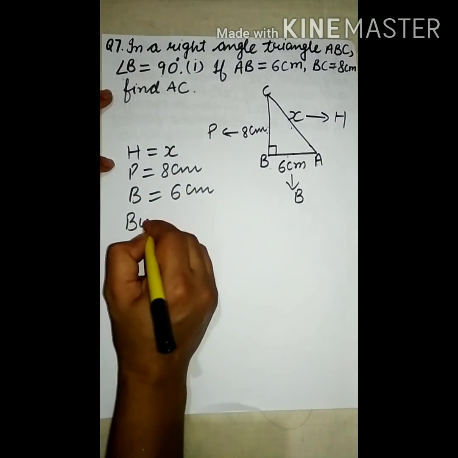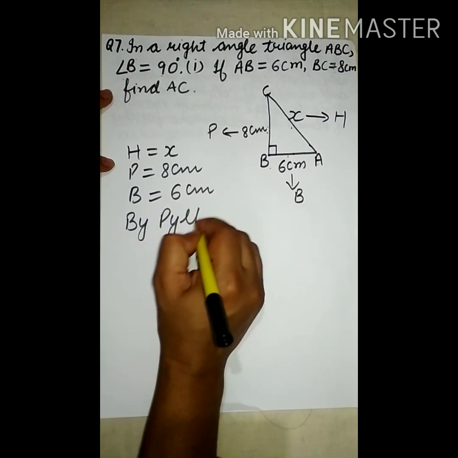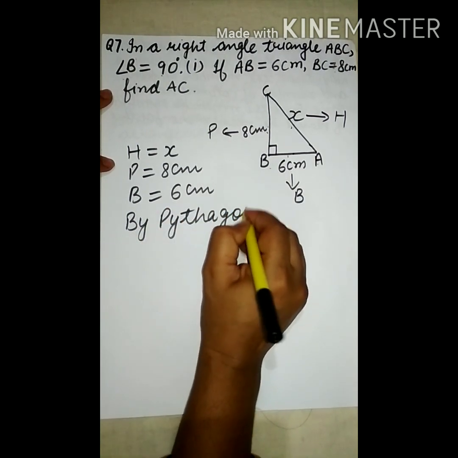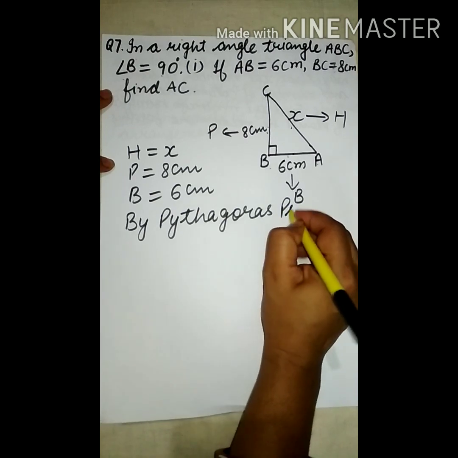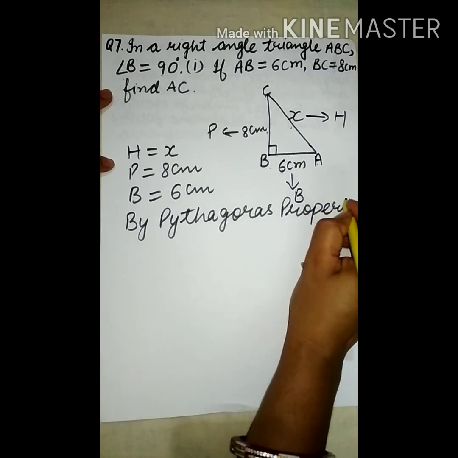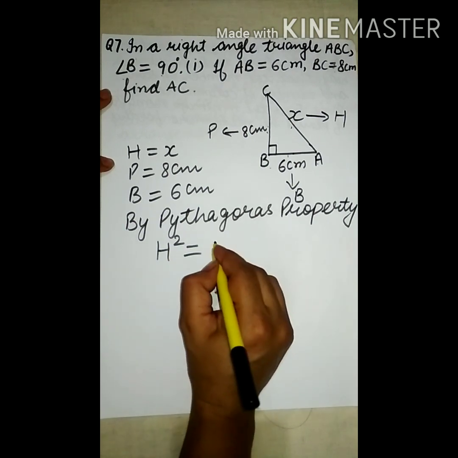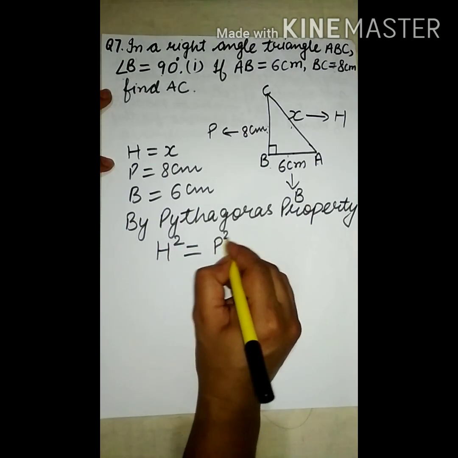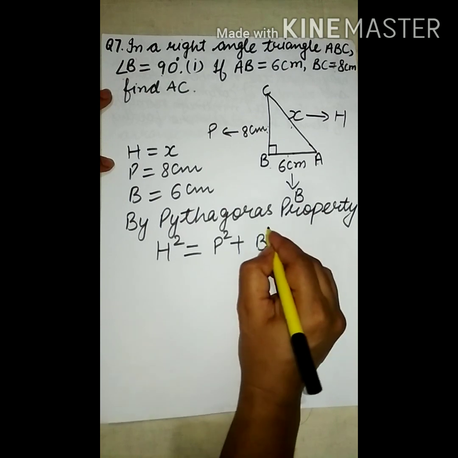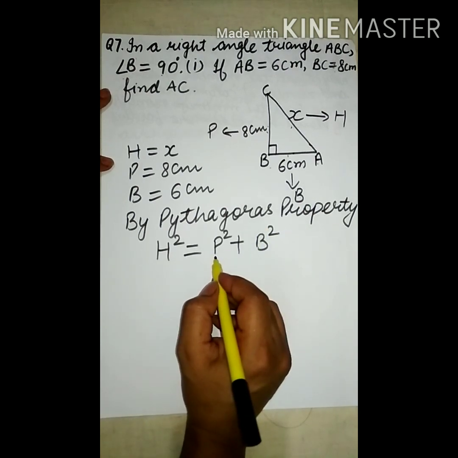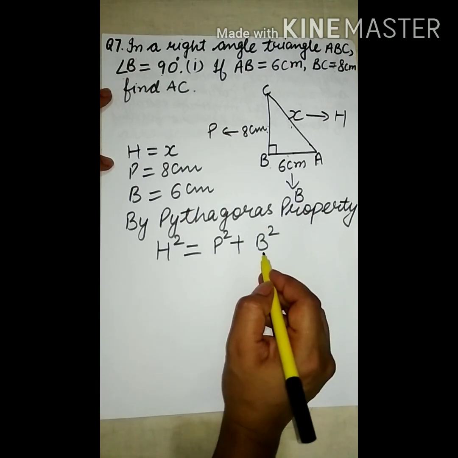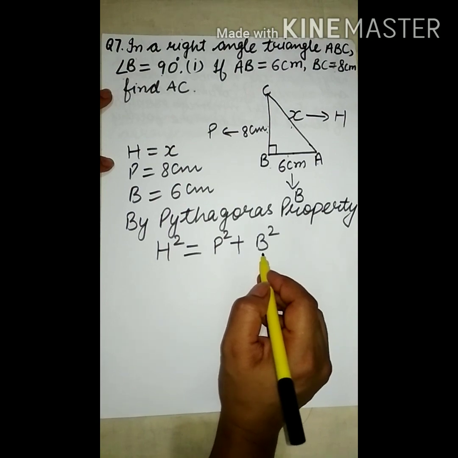So by Pythagoras property, the square of the hypotenuse is equal to the sum of the squares of the other two sides, that is the square of P, the perpendicular, and the square of B, the base.